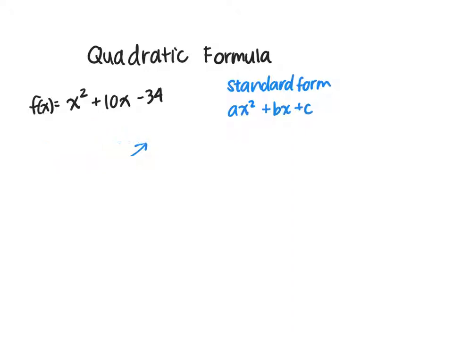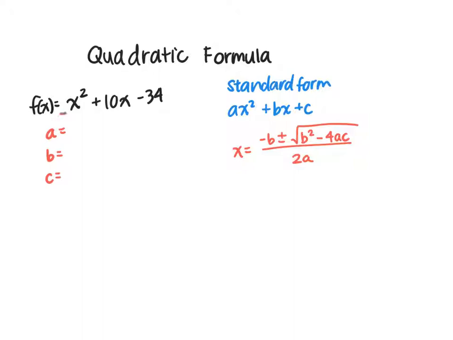The quadratic formula is x equals negative b plus or minus the square root of b squared minus 4ac all over 2a. Okay. First thing we're going to do with this equation is identify our a, our b, and our c.